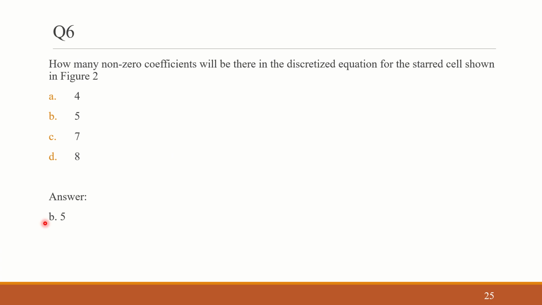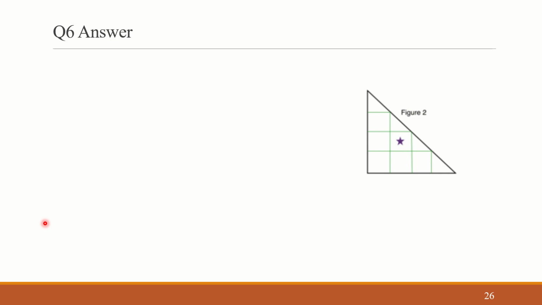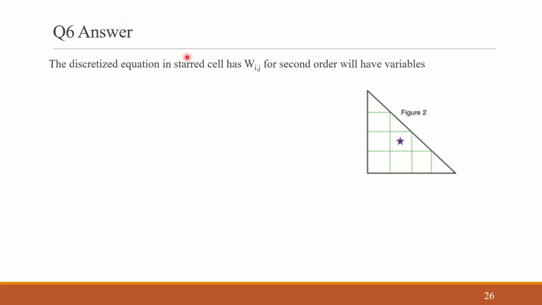Now we will go to question 7. Okay, before that, this is figure 2, this is the starred cell, and the discretized equation in the starred cell has Wij.